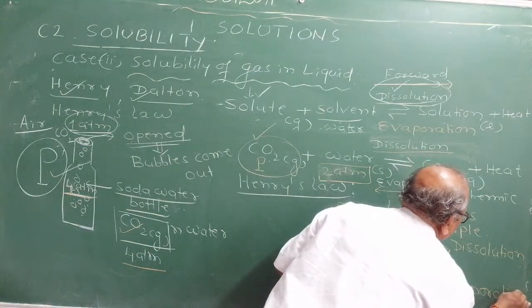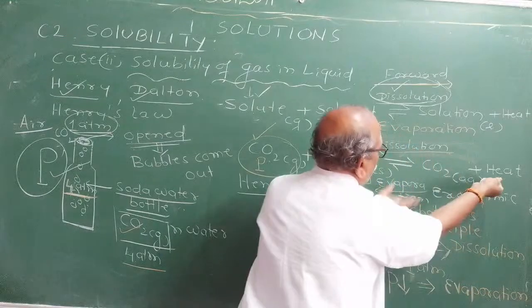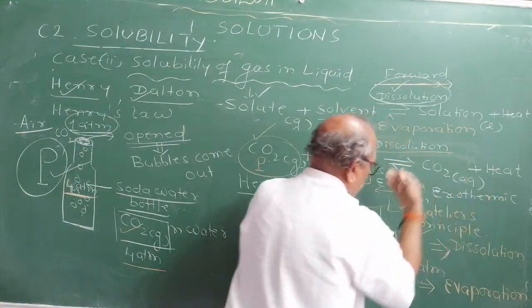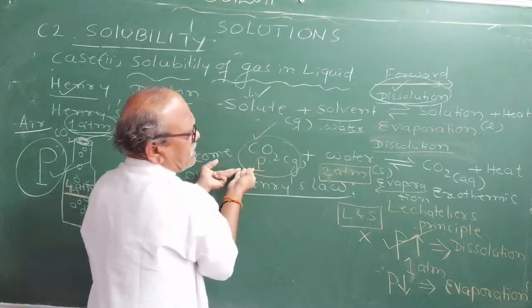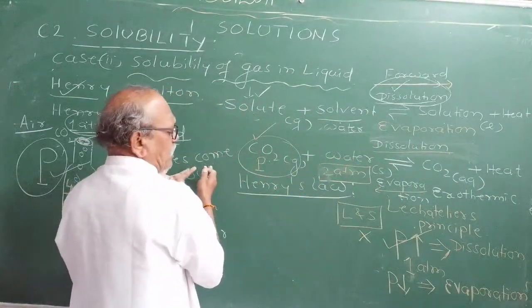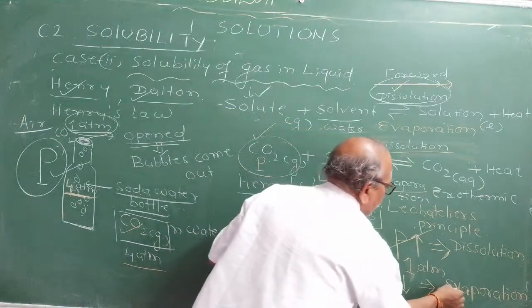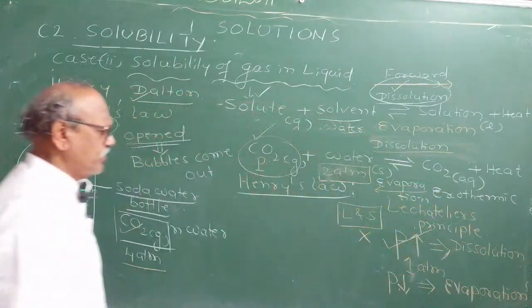That is the effect of pressure, because there are no gases here. To get the gas, to increase the pressure, gases should be released. In which direction are gases released? Backward direction. Therefore, decreasing the pressure, more evaporation takes place.